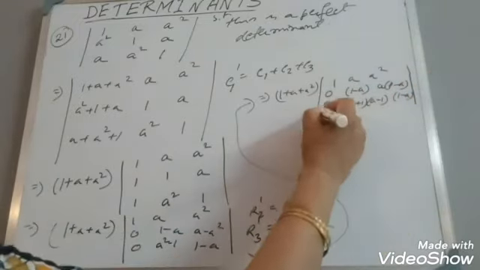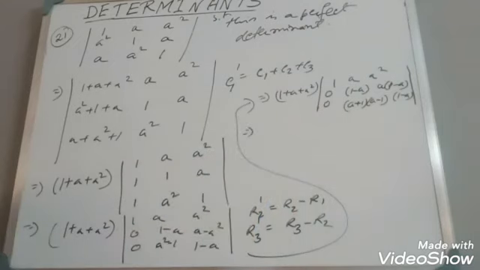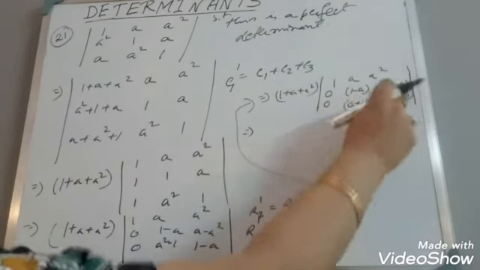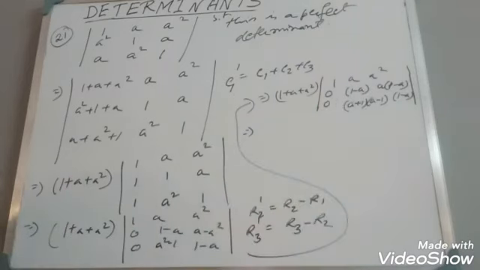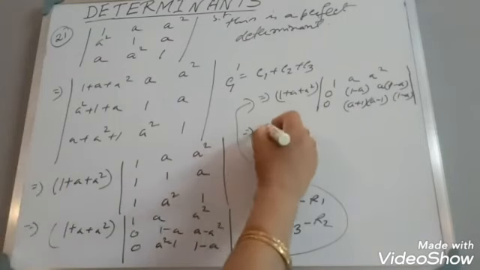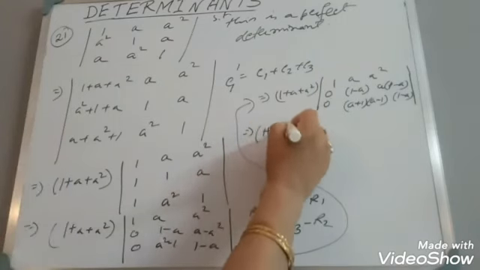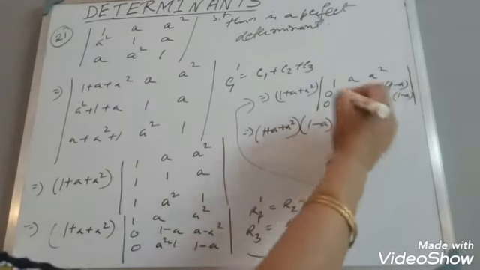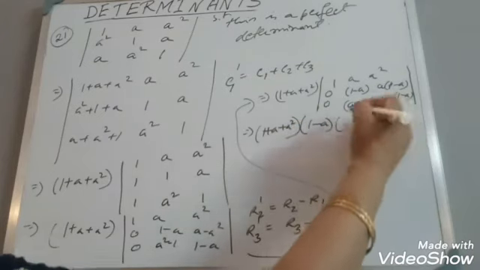Okay, now I think you can see the board. 1 minus a from the second row and 1 minus a from the third row, we can take outside the determinant. Then what we will get? 1 plus a plus a square, and 1 minus a from the second row and 1 minus a from the third row.